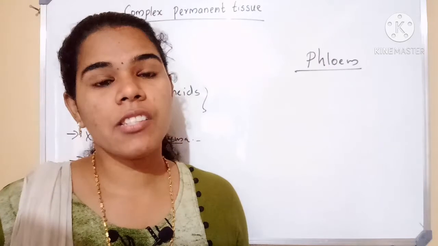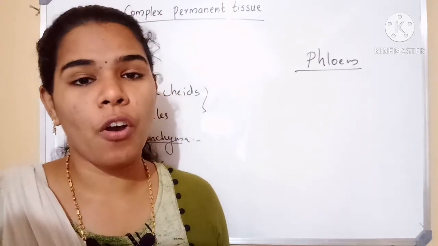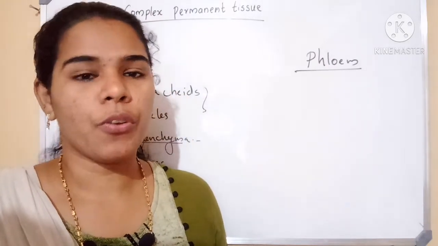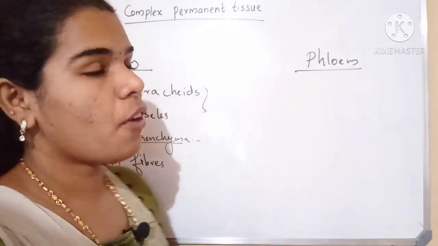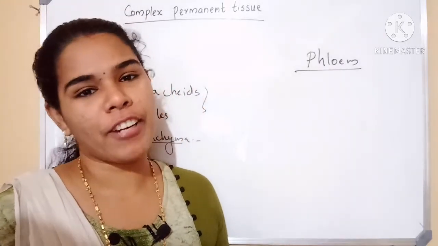Next we discuss phloem complex tissue or phloem tissues. This phloem tissue is also made up of 4 elements.